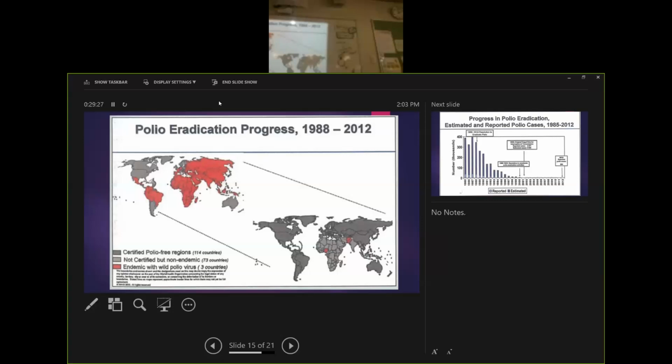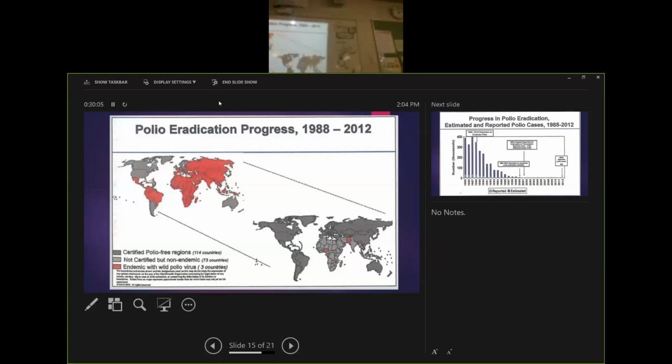If we think about even just 1988, about 30 years ago, polio was pretty endemic in a lot of parts of the world. It was spread across Africa, all through Asia and Europe, and South America was hit pretty hard as well. Over 30 years, through vaccination, we've got it down to just a few countries.